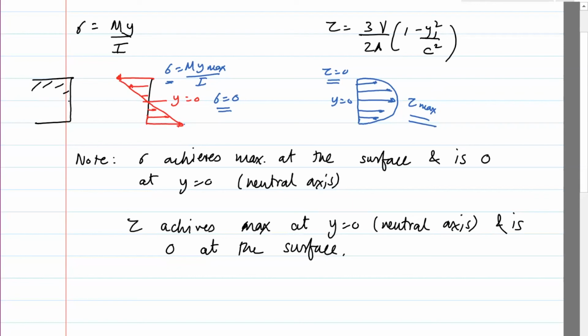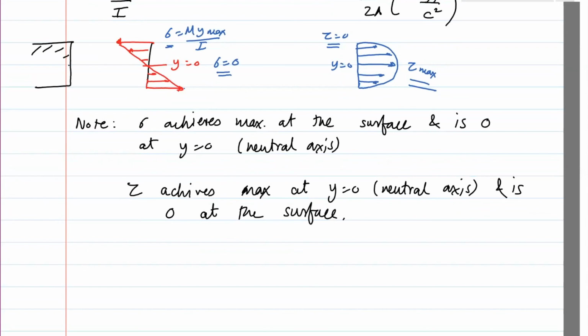So this kind of concept is kind of important when you are going to design, right? If you're given two competing theories of failure, you will check the maximum normal stress at the surface and the maximum shear stress at the neutral axis.